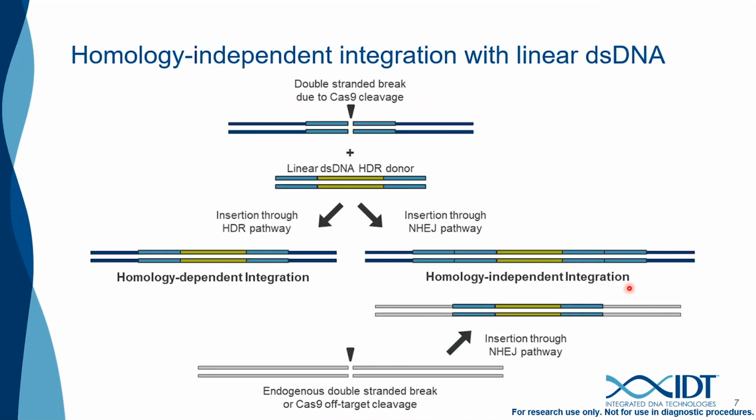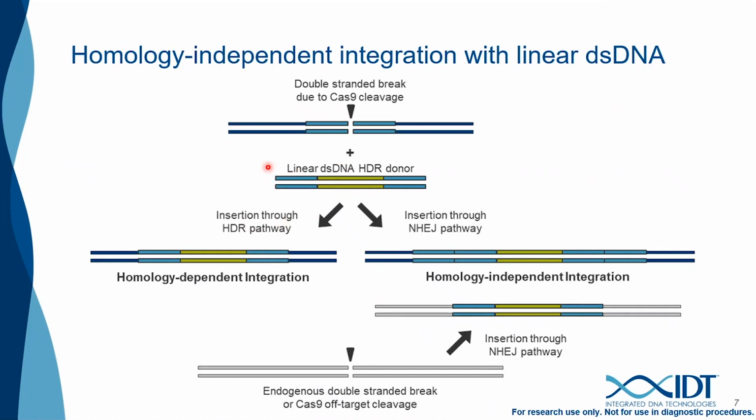So here is our model of repair when using a double-stranded DNA template. Again, after you've used your CRISPR enzyme to generate a double-stranded DNA break and introduce your linear double-stranded DNA donor, ideally you'll get a nice clean repair through HDR.